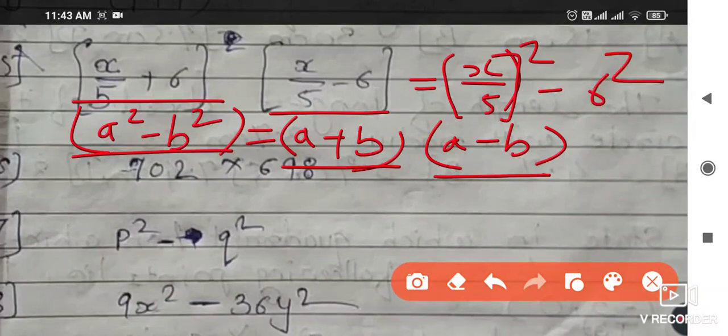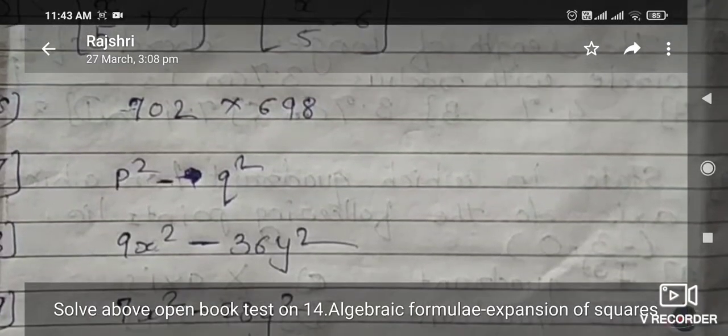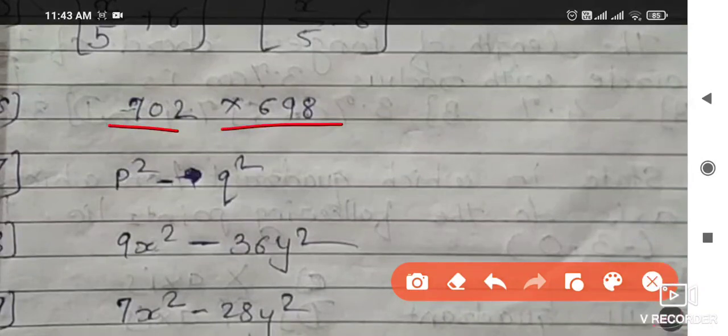It's a factorization. Okay, this is the example just now I told you, which we have to do this multiplication of this. For this also you have to use the formulas, that is 702 into 697.